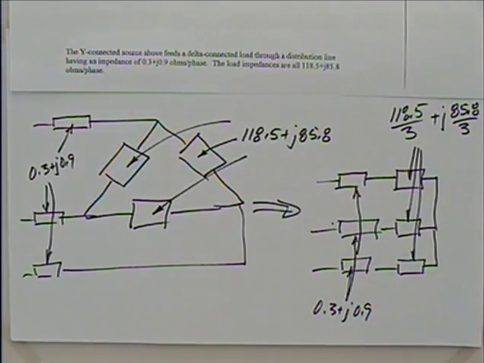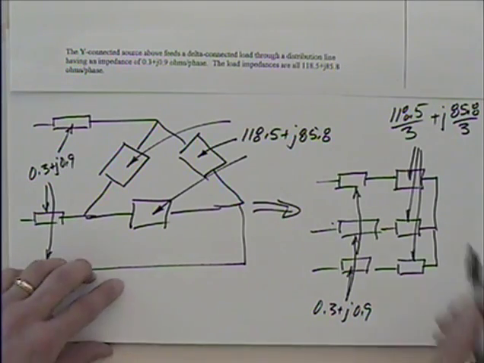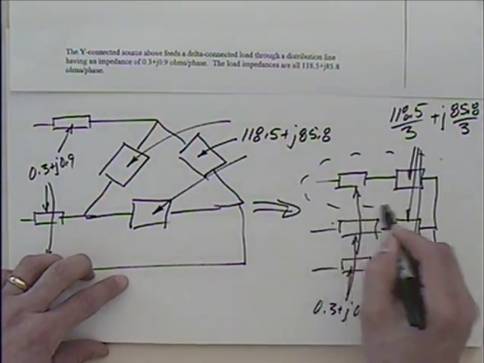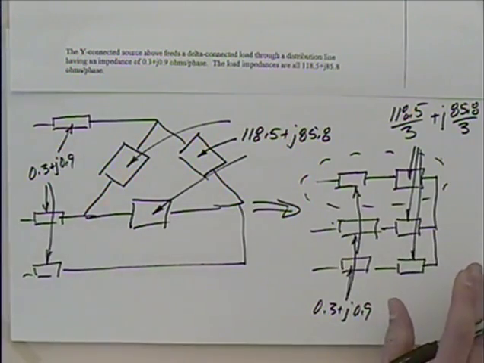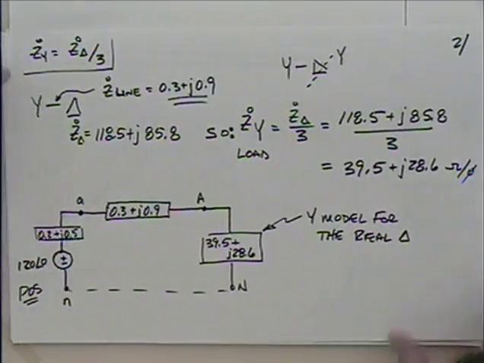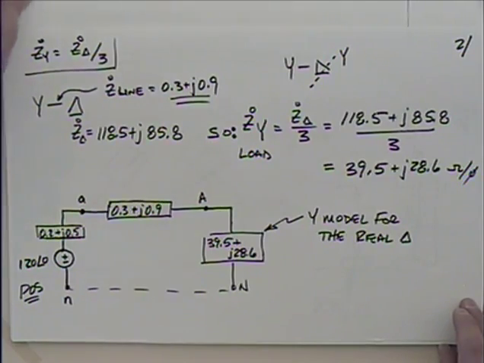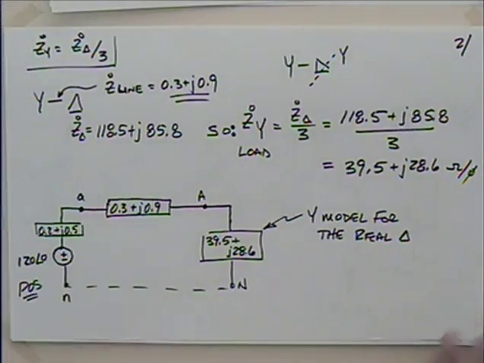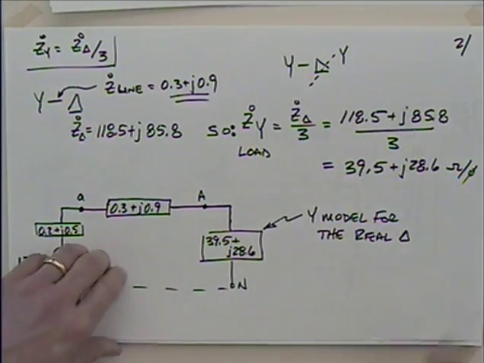So my dividing by 3 had nothing to do with the 3 phases. My dividing by 3 had to do with the conversion from delta to Y. Okay, that's an important point. I'm glad you asked that. Everyone's good there? So now what we've done is I've taken this and hooked it back up to my source. We okay with that? Okay.